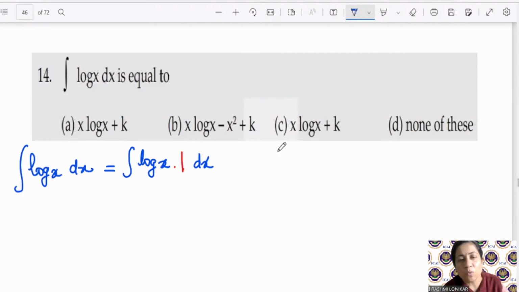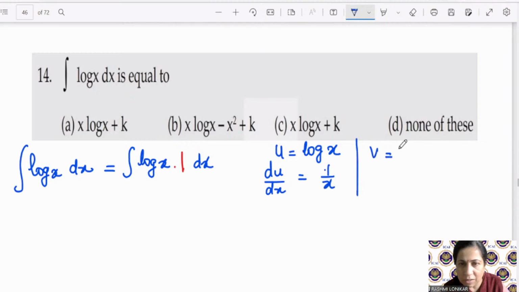Okay. So what is my U? U is log x. What will be my du by dx? I have a formula. Derivative of log x is 1 upon x. What is my v? V is equal to 1. What is my integral v dx? It will be integral of 1 dx, which is equal to x.